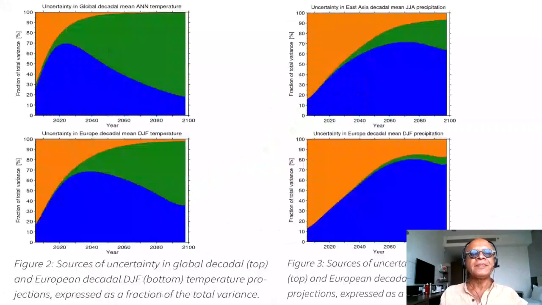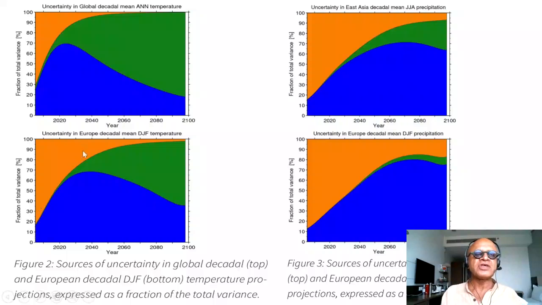Okay. If you look at more specific things like uncertainty in global decadal mean annual temperature versus seasonal temperatures for June, July, August, and December, January, February, and you look at two different places, so you're looking at Europe and East Asia here. So Europe, obviously winter will be more interesting because it's in mid latitudes to higher latitudes where internal variability in the winter is much higher than in the summer.